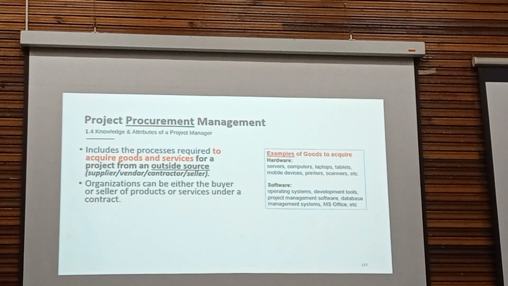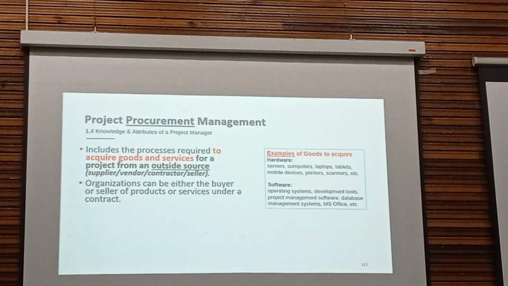These are examples of goods that you need in the project. You may also need to acquire software like development tools, project management software, database management systems. If you need to use Microsoft Office, you also have to acquire this software from outside. Okay, you don't use pirated copies.